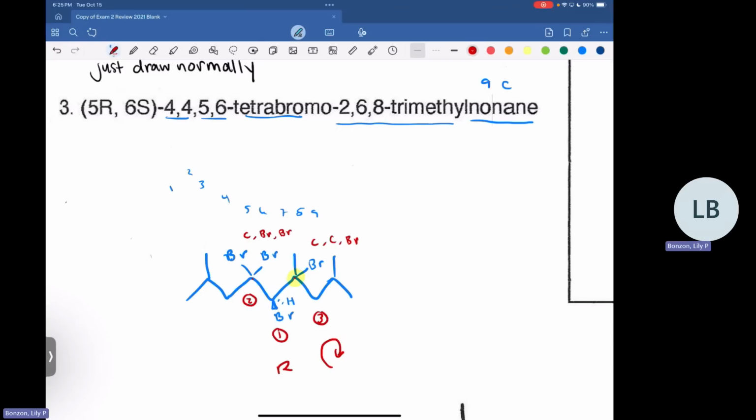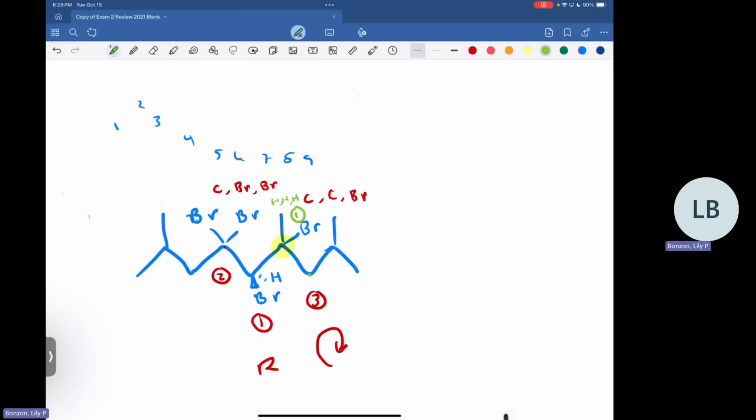And then for 6, we've got a bromine, which is going to be our highest priority. We've got a methyl group, so this one's going to be H, H, H. This carbon is going to be C, H, H. And then this carbon is going to be C, Br, H. So this group is going to be our next highest priority, so this is going to be 2.